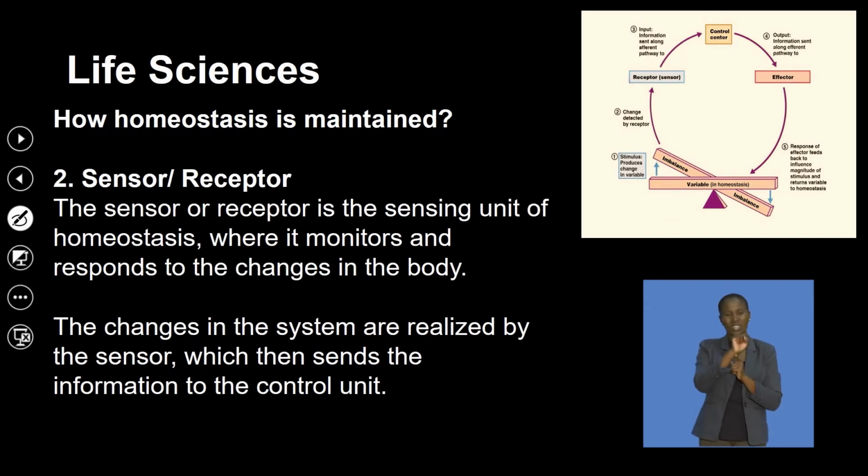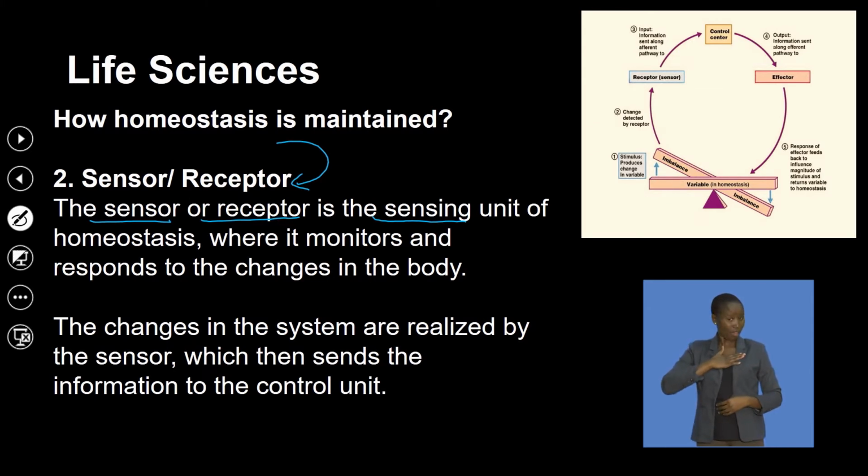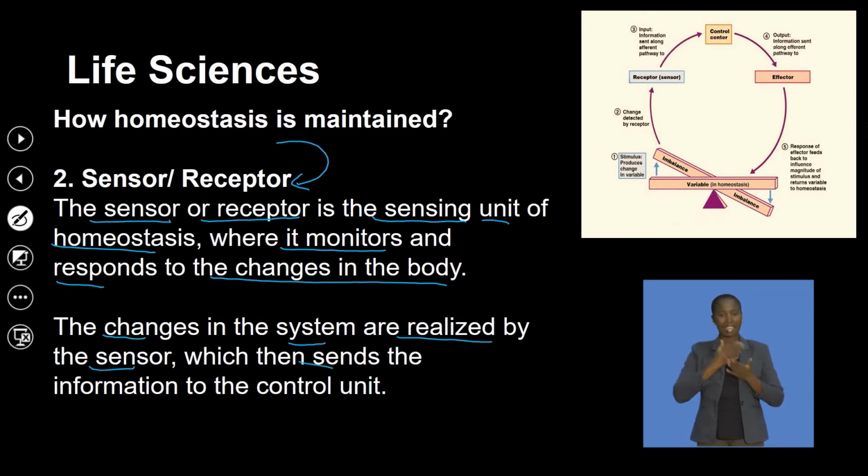This is followed by the stimulus being received by receptors. A sensor or receptor identifies a unit of homeostasis, where it monitors and responds to the change in the body. The changes in the system are detected by the sensor, which then sends the information to the control unit.